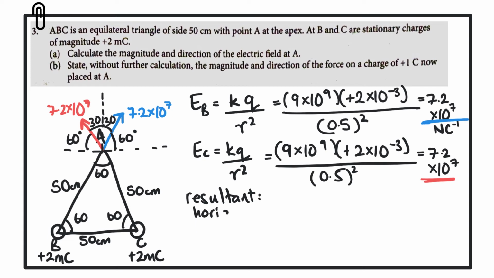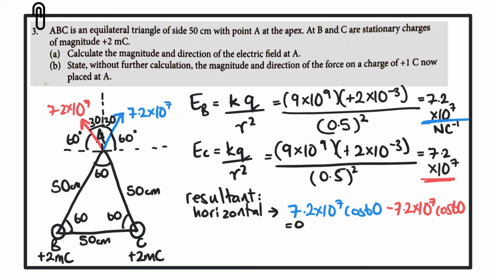So looking at the horizontal first of all, what we actually see is that the resultant in the horizontal direction is 0, and that's because we're going to have 7.2 by 10 to the 7 cos 60 minus 7.2 by 10 to the 7 cos 60. Because they have the same value, they're at the same angle to the horizontal, but they're on the opposite sides of that equilibrium line in the middle.